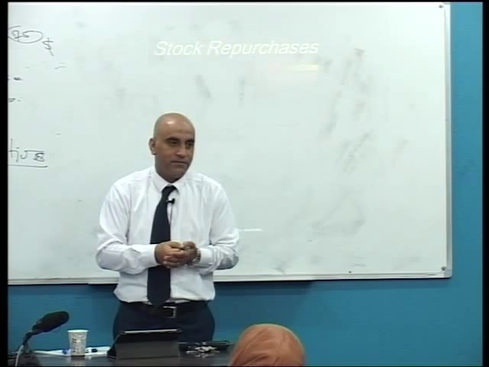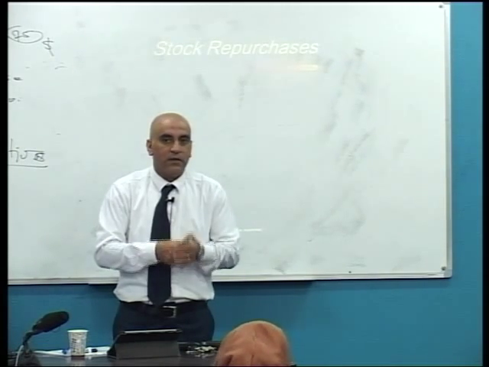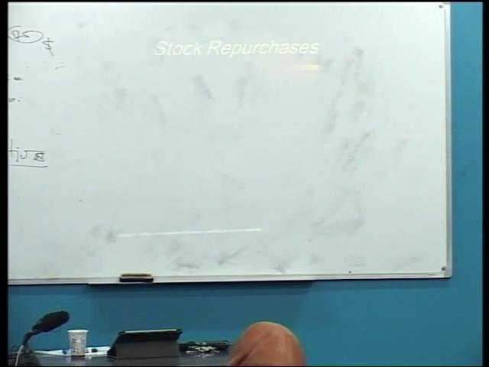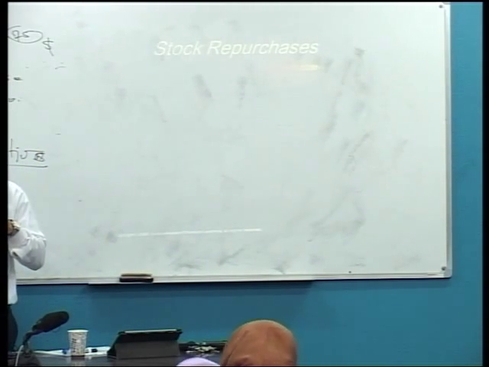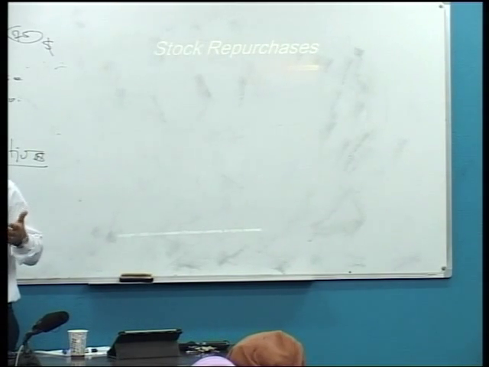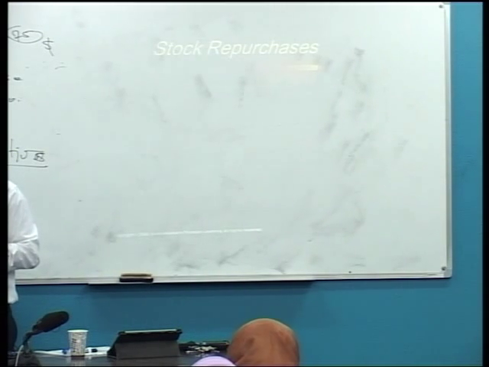Just to remind you, the dilution again is the decrease in the EPS. And then the companies should have some policies to protect the investors. What is this policy known as, or how do they do this?